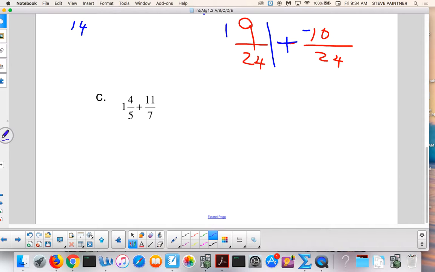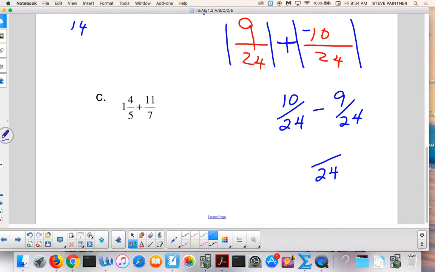Absolute value of this, absolute value of this. Which one has the bigger absolute value? Which one's bigger, 10 24ths or 9 24ths? 10 24ths. So it's 10 24ths, subtract 9 24ths, right? Which is what? 1 24th. And then you have to ask yourself, which one had the bigger absolute value? Which one was the bigger number, if we forget the signs? 10. 10 was negative. It's negative 1 24th.